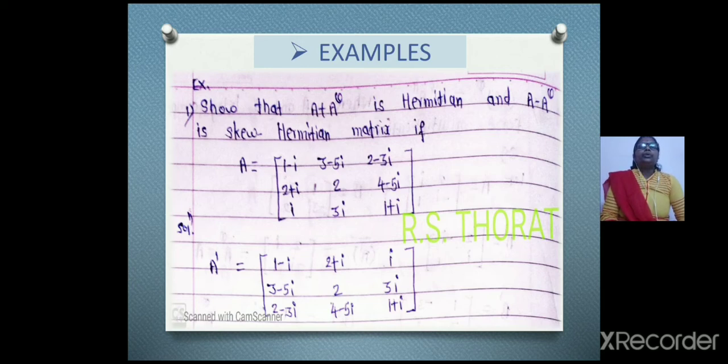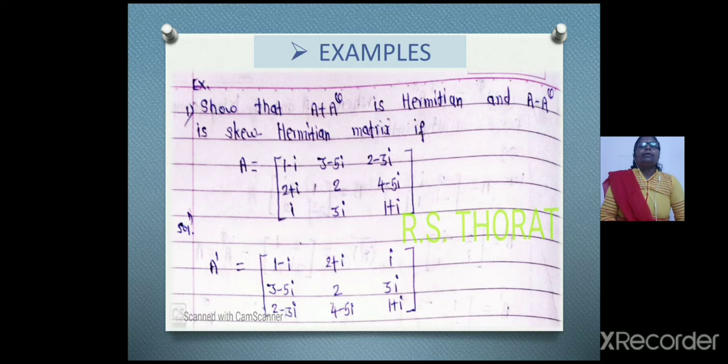Here we have to show that A plus A raised to theta is Hermitian, and that A minus A raised to theta is skew Hermitian matrix.